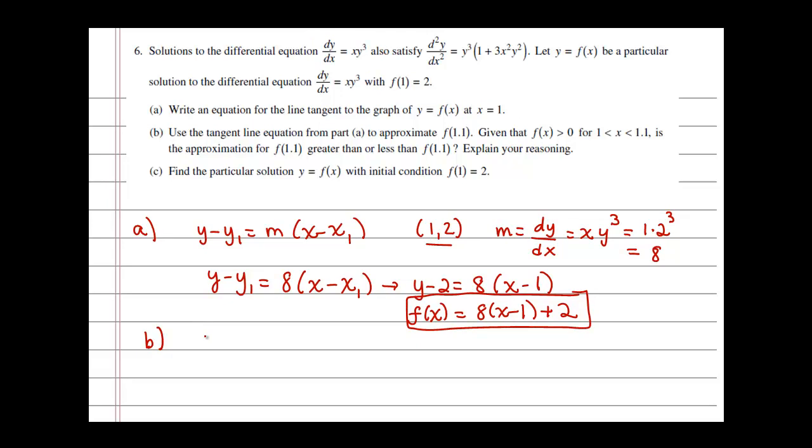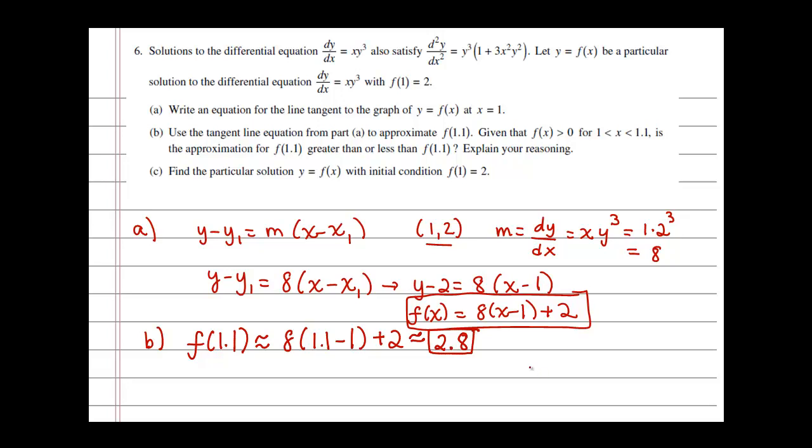Part B says to figure out, using this tangent line, what the approximate height of the actual function is at 1.1. So I'm going to plug in 1.1 into my tangent line equation, and I get that the approximate height is 2.8. Now, is this going to be an under or over approximation?